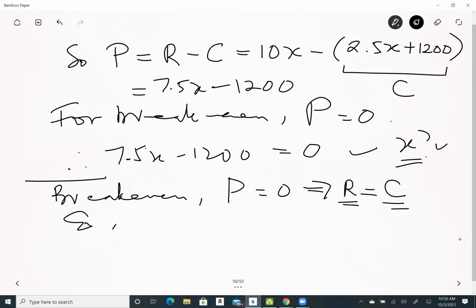The revenue is 10x, and the cost is 2.5x plus 1,200.